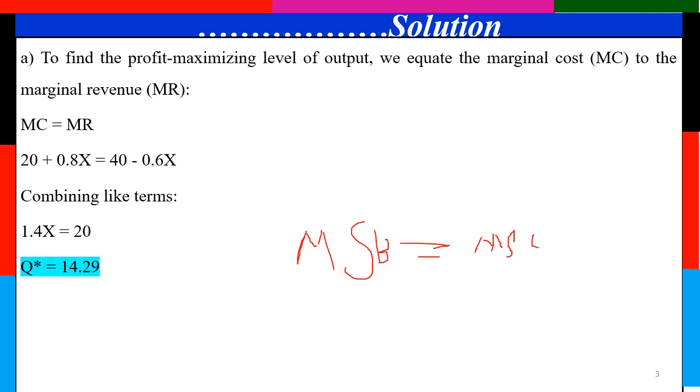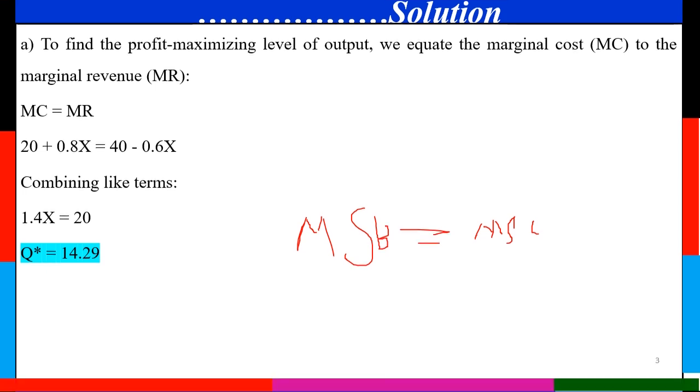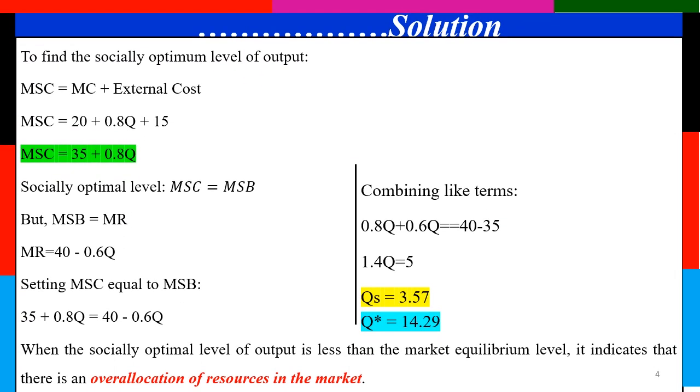Then you can get the optimal level of output. To find the socially optimum level of output, make marginal social cost equal to marginal social benefit.